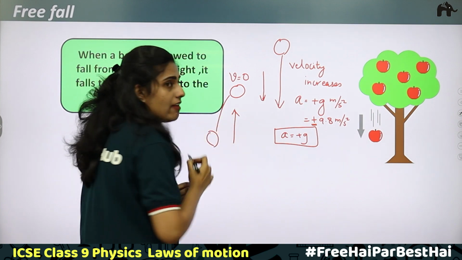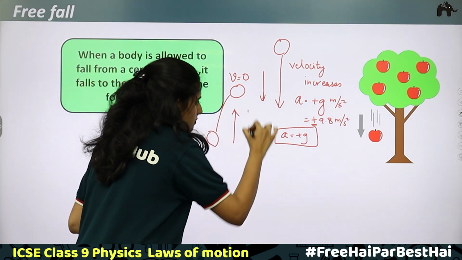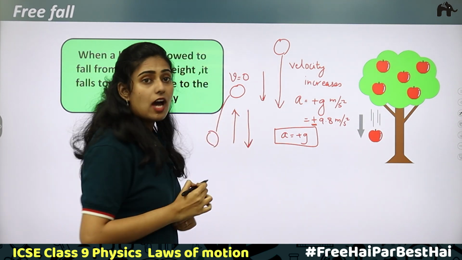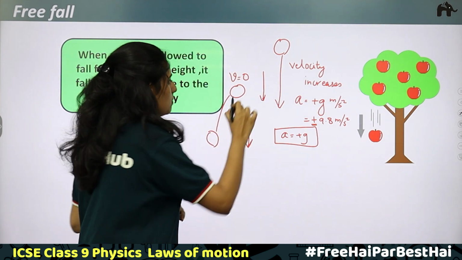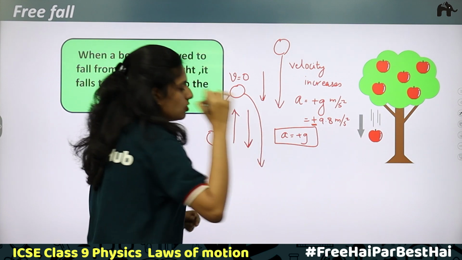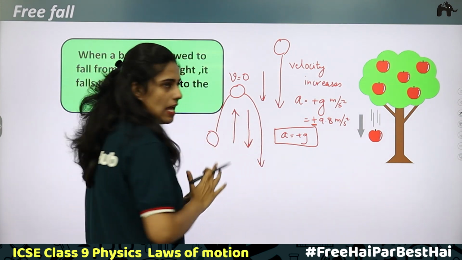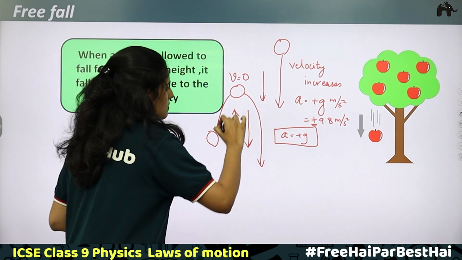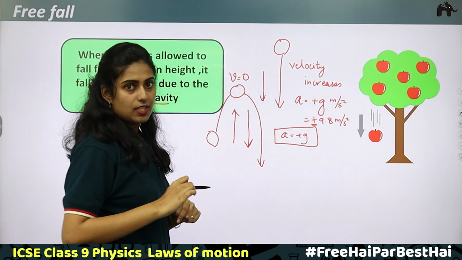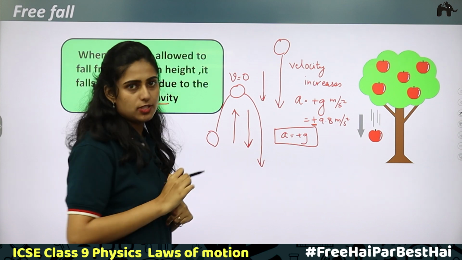In which direction will gravity be acting? The force of gravity will always be in the downward direction. So, once the velocity becomes 0, the ball will fall to the ground because of the force of gravity. During the upward motion, the body is moving in the upward direction and the force of gravity is in the opposite direction.